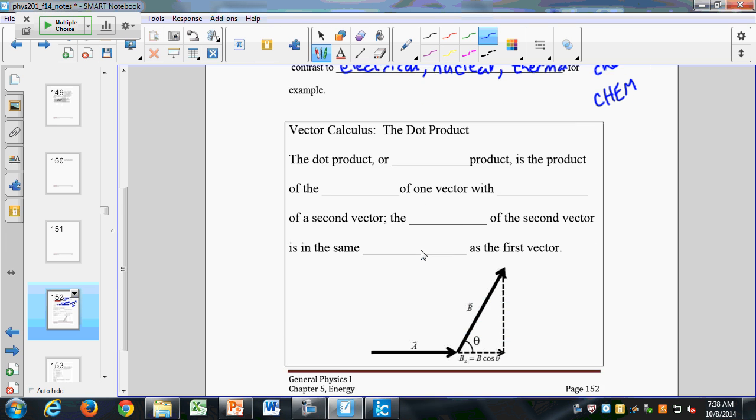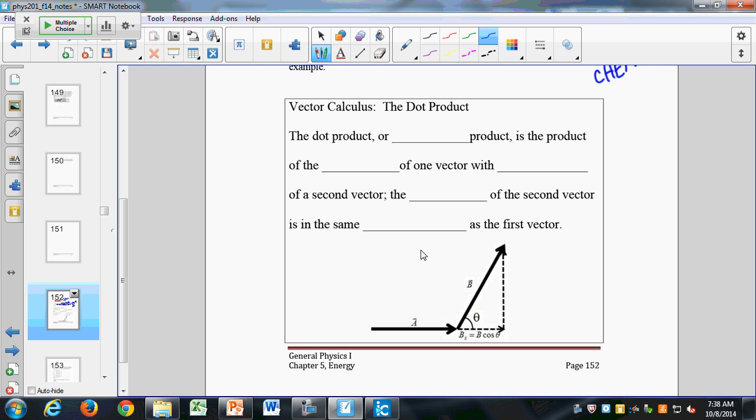All right, so let's talk about the dot product just a little bit. The dot product, it's also called the scalar product, is the product of the magnitude of one vector with a component of a second vector.